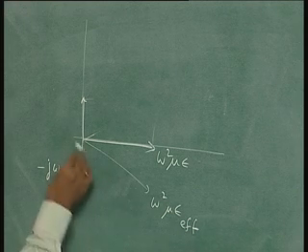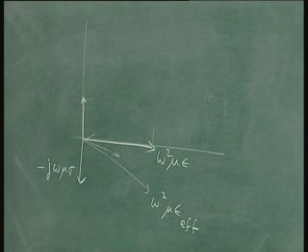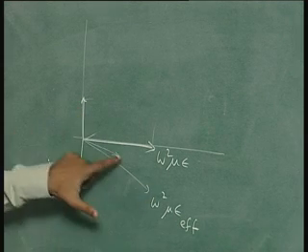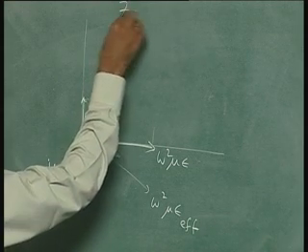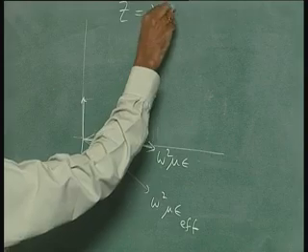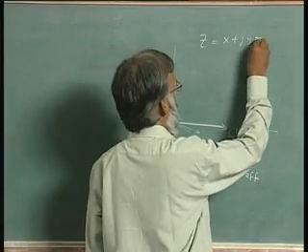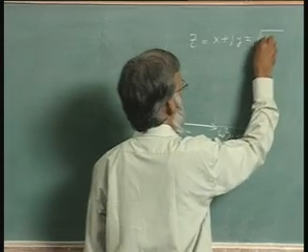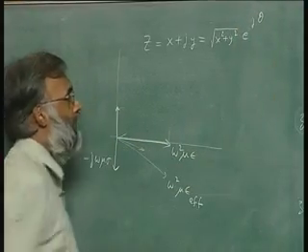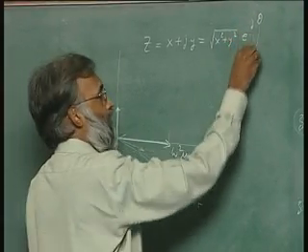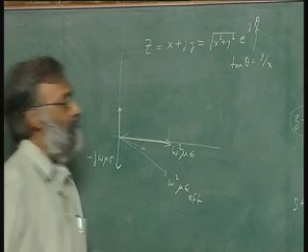Now, when you take the square root of this, you get an answer that bisects in angle and is the square root of the magnitude. That is, if you take any complex number and you take its square root, you know that you can always write the complex number as square root of x squared plus y squared e to the j theta, where theta is got from tan theta is equal to y over x.